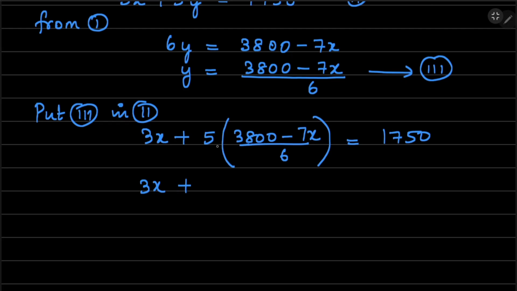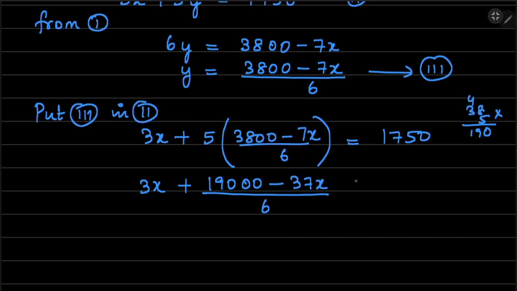So what do you get? 38 multiplied by 5. 5 8s are 40, 0, 4, 15 plus 4 is 19, so 190 and then the two zeros. Minus 5 into 7, 35x, whole divided by 6 equal to 1750.